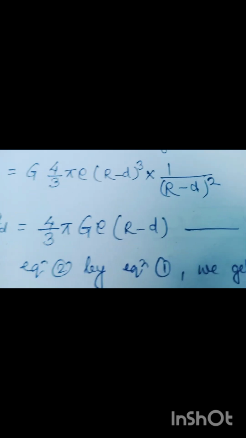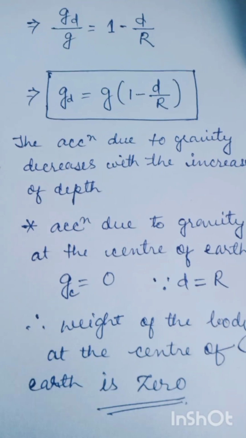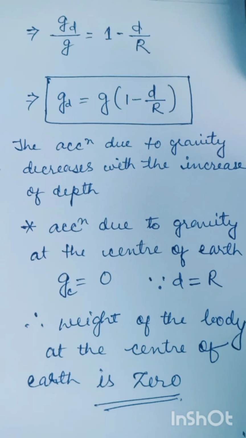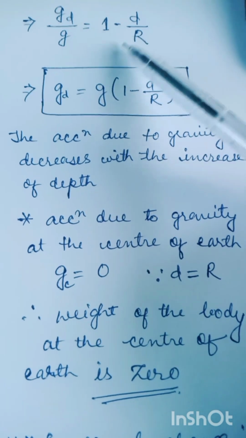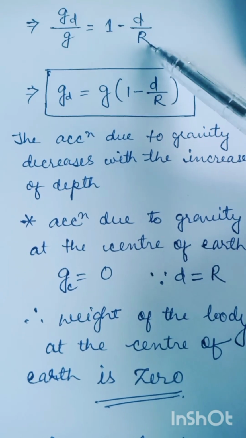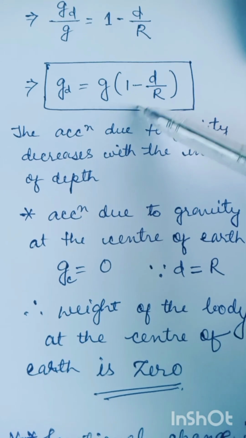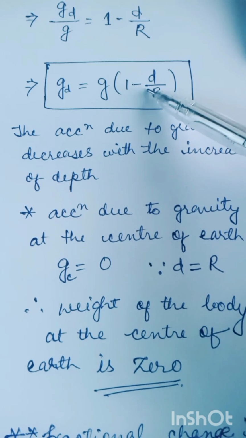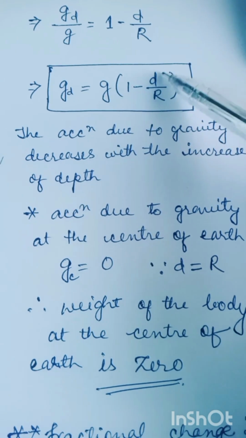Dividing equation 2 by equation 1, we have g_d by g equal to 1 minus d by r, where d is the depth and r is the radius. So the final expression is: acceleration due to gravity at depth d is g times (1 minus d by r).